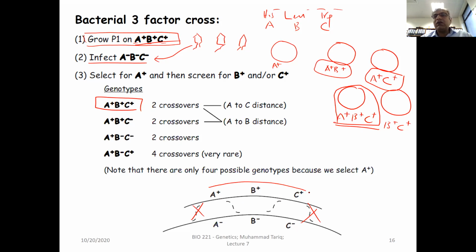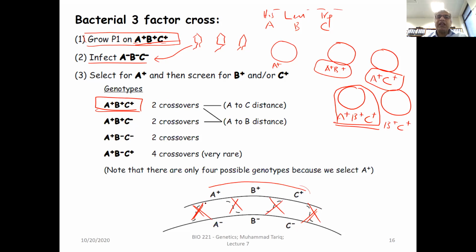Even if they are within one phage headful, you may get A plus B plus, which means the two crossovers are here, around A and B, excluding C. But if the two crossovers are here, we will get A plus B plus C plus.